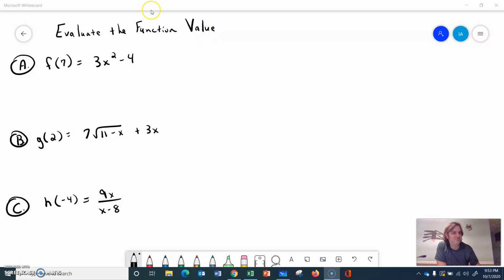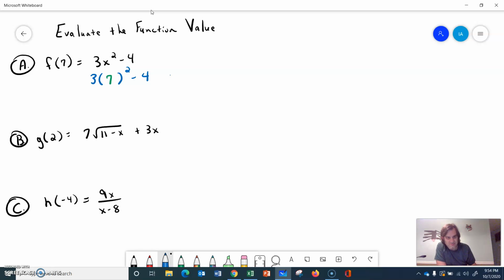Here's some practice problems. The first one, A, is f of 7 equals 3x squared minus 4. So our job is to take that 7 and put it in as a placeholder for everywhere we see an x. So we'll have 3 times 7 squared minus 4.